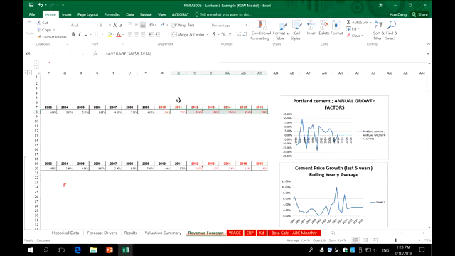So another way of modeling the revenue of the company is by looking at the retail shops for each of its food retail, liquor, and other business segments. Management does provide very detailed information on their store rollout plans. So your forecasting of revenue can be based on the store rollout.